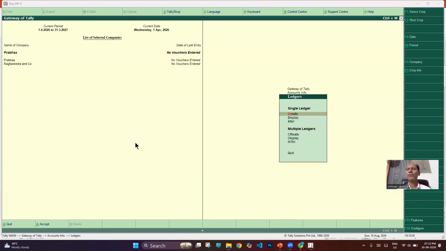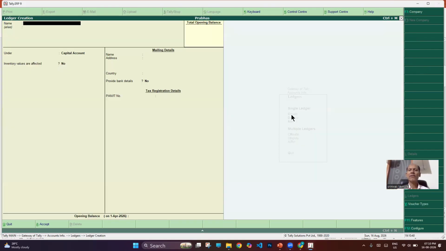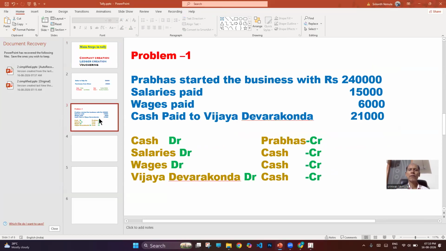I am dragging this to the side. Yes, one ledger is created, and create another one. Now see the problem. In this problem, Prabhas is created and cash should be created.